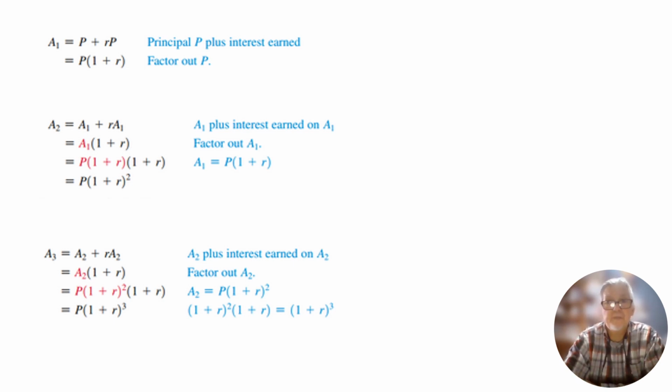What is this thing? And how do I know that it's an exponential function? So this is compound interest. Compound interest means that money is deposited in a financial institution.